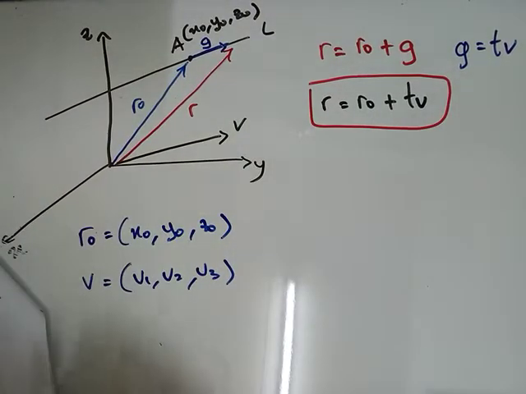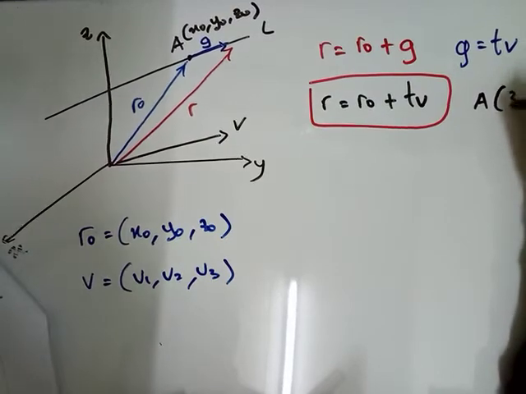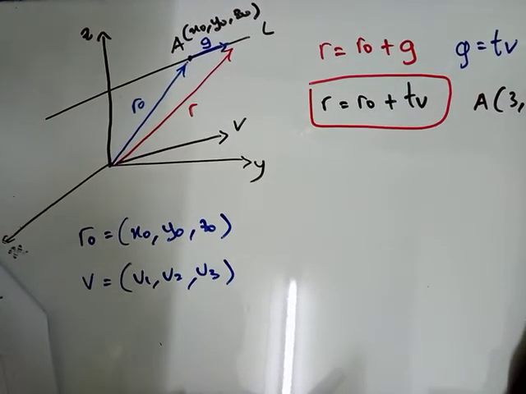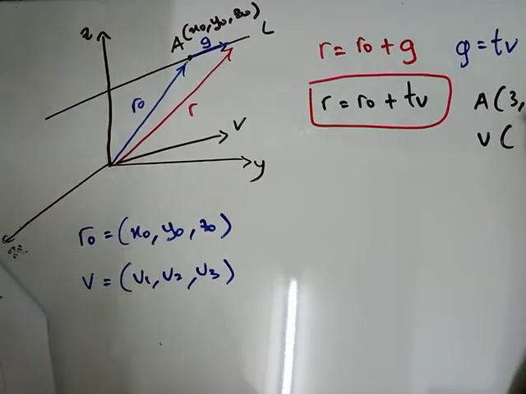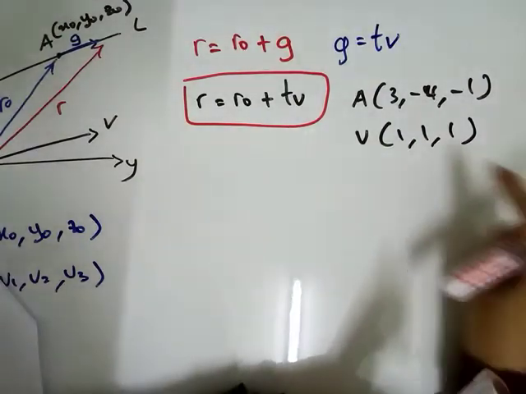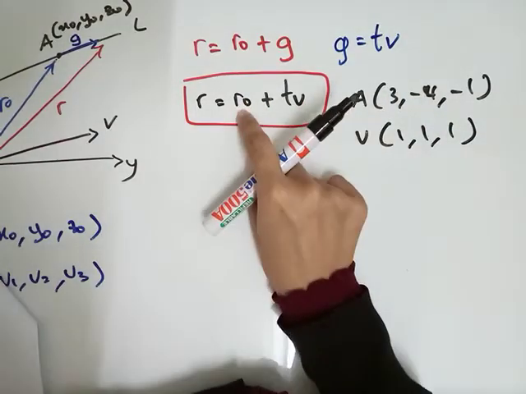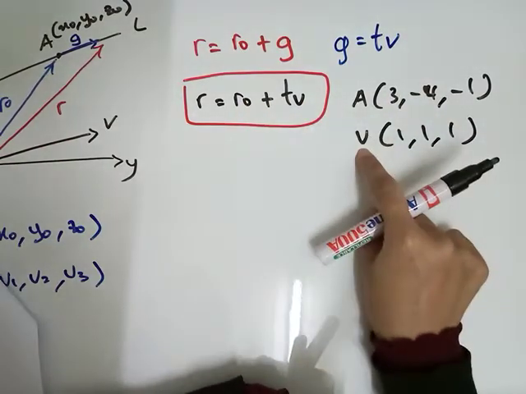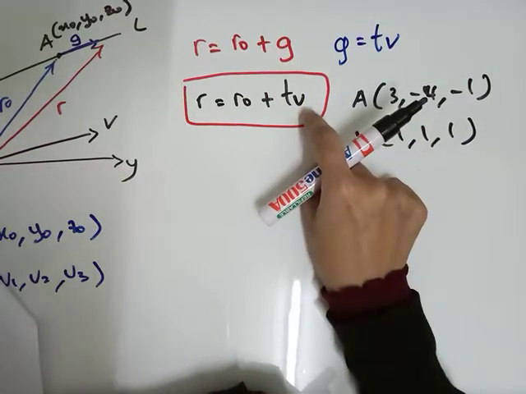I write here point A is 3, -4, -1. And the vector given in the question is 1, 1, 1. That means the point A given is the value for R0, and the vector 1, 1, 1 is the value for V.